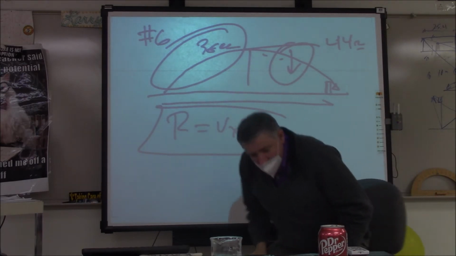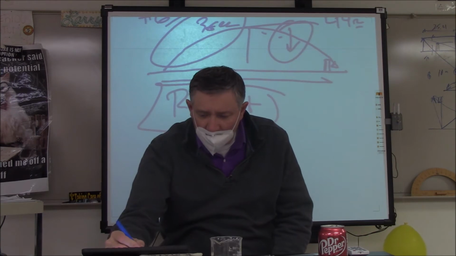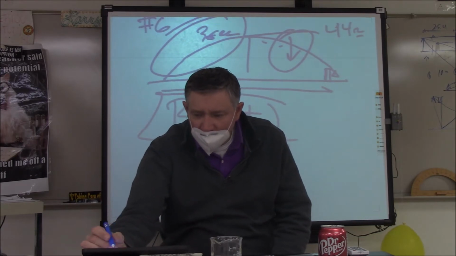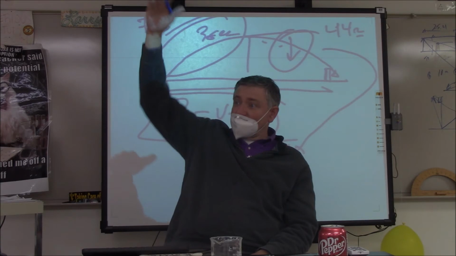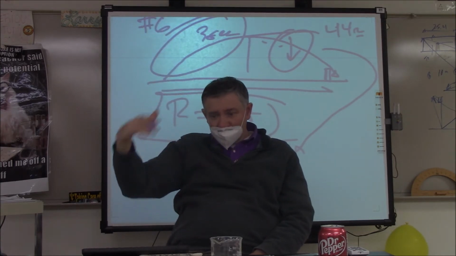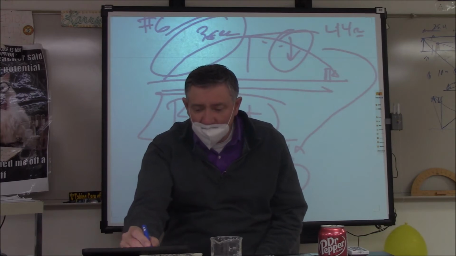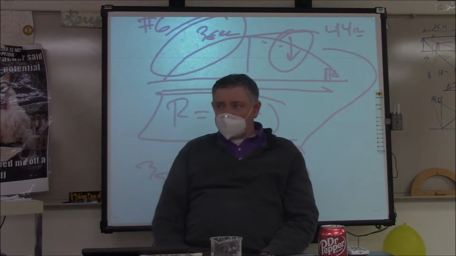Then it's just like a dropping problem. And then you can go, oh, time equals the square root of 2d over g. This is going to be the distance that it has to fall from its maximum height to the top of the wall. You know what g is. You can find your time. Add that to 3 seconds, multiply that by your Vx.